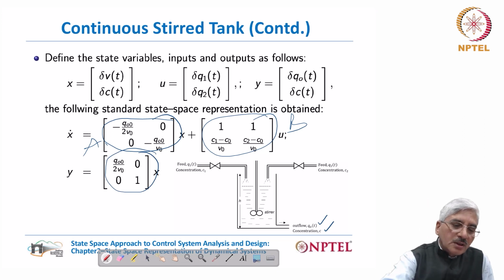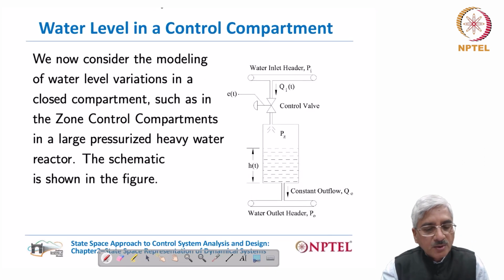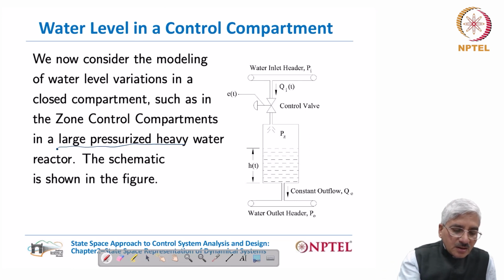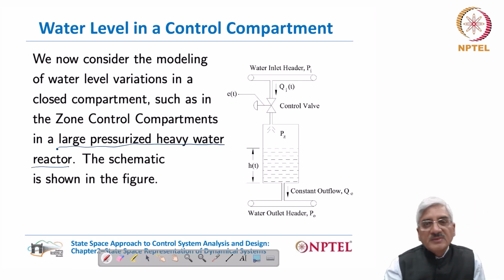We move now to the second example, which is that of water level in a pressurized compartment, which I am calling the control compartment. This system is an idealization of the zone control compartments in the liquid zone control system of large pressurized heavy water reactors.